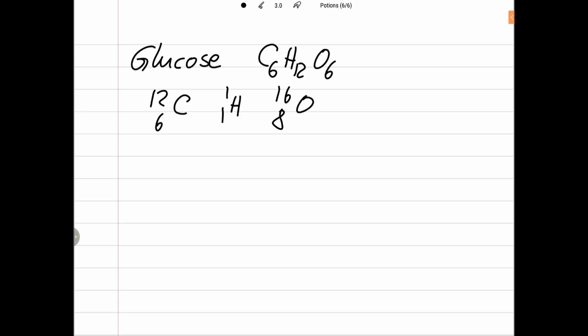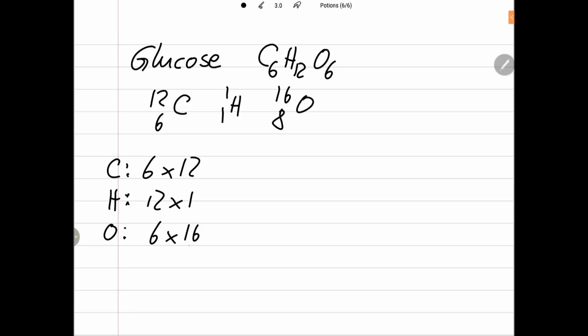Anyway, from these data we can easily figure out what the molecular mass of glucose is. All we need to do is add these things up. We have 6 times 12 for the carbon. For the hydrogen, we have 12 times 1. And for the oxygen, we have 6 times 16. If you sum that up, what do you get? 180.